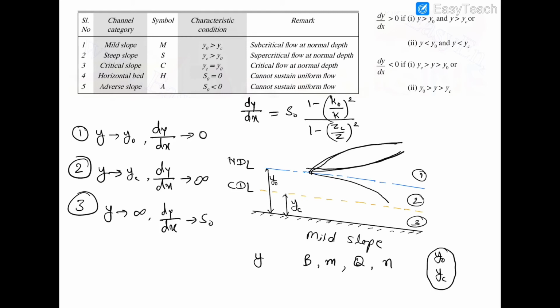We are talking about this profile. When the depth of flow approaches infinite, it becomes horizontal.